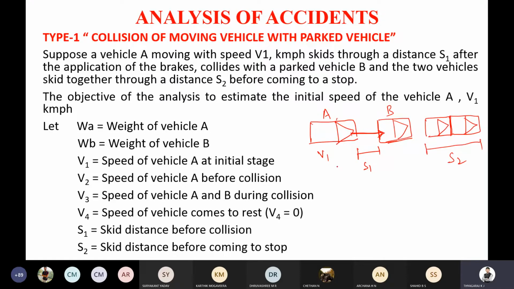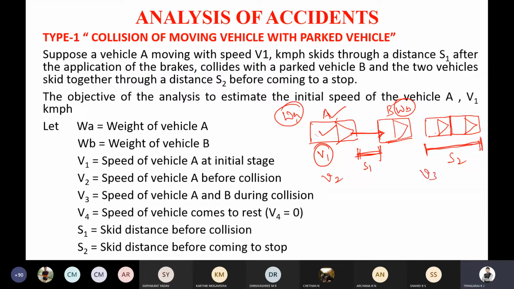WA is the weight of vehicle A, WB is the weight of vehicle B. V1 is the initial speed of vehicle A, V2 is the speed during skidding, and V3 is the speed at collision.